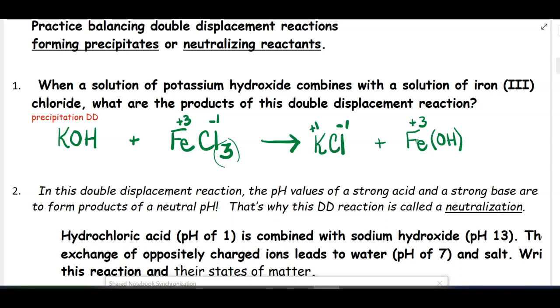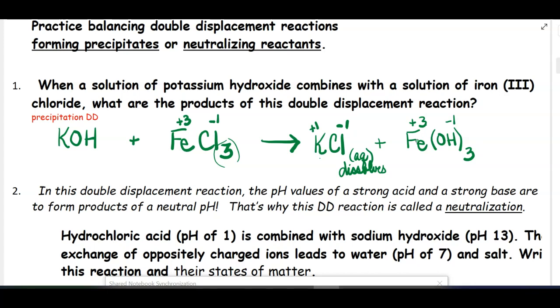Since this is negative 1 and that's positive 3, I know Fe(OH)3 is going to be the right formula. All potassium compounds dissolve, so I know this is aqueous, because AQ stands for aqua, which means water, dissolved in water solution.